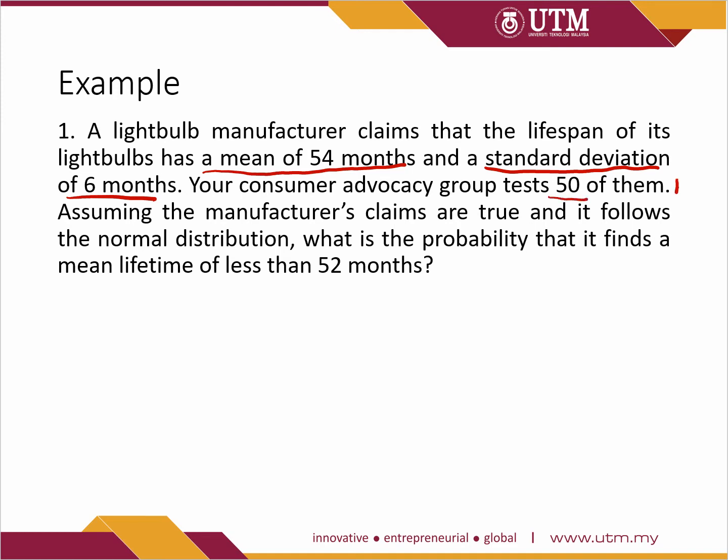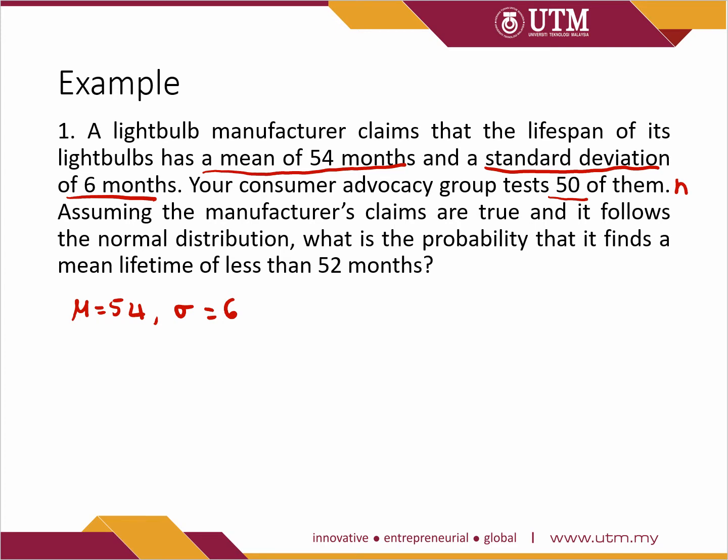So here is our n, given that our mu is 54 and the standard deviation is equal to 6 months. These are our parameters for the population, assuming the manufacturer's claims are true and it follows the normal distribution.